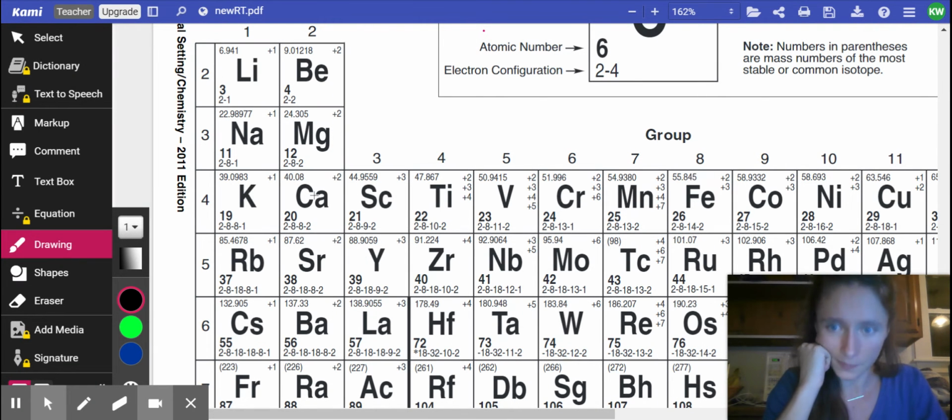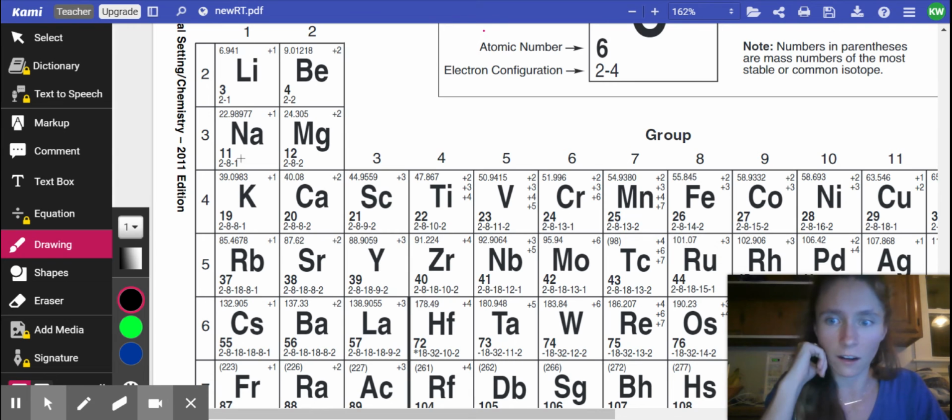Similarly, calcium is going to lose 2 as opposed to gaining 6 to get to 8, because if it loses 2, then the inner energy level has 8, so it will be happy.